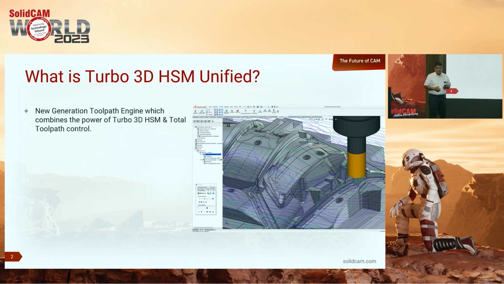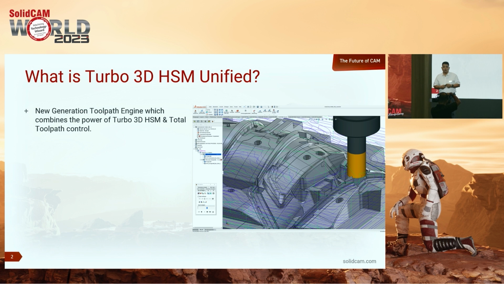Basically, unified engine is a combination of two components. The turbo toolpath that's already there inside SolidCAM, and there's another engine which is called the classic engine in ModuleWorks. The combination of both of these engines together gives us the unified engine. Why was it needed?